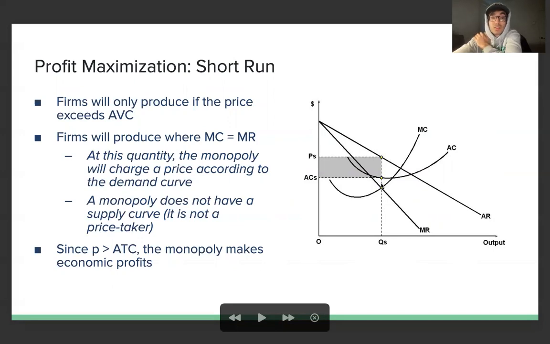And this is what allows monopolists to maximize profits. And since the price is greater than the average total cost, the monopoly makes economic profits even in the long run.